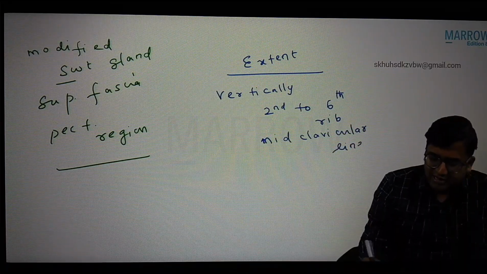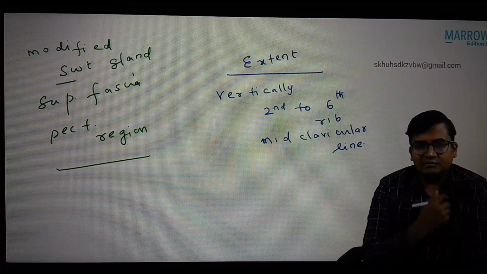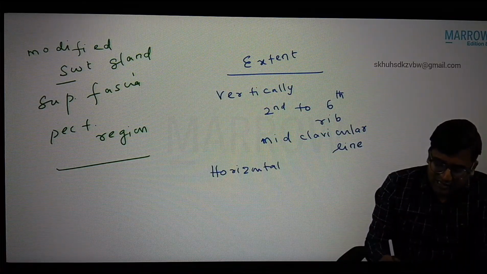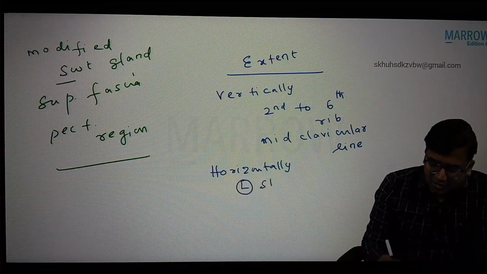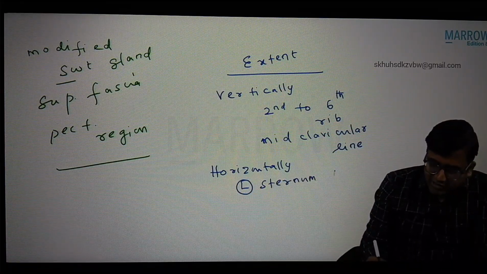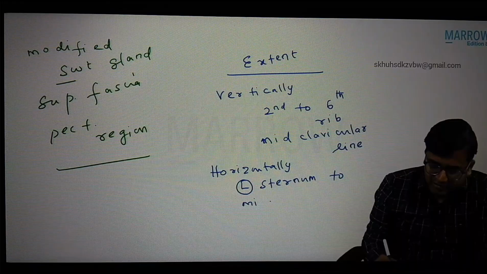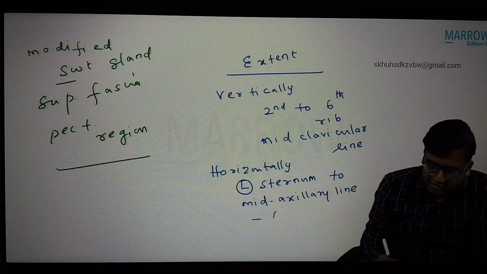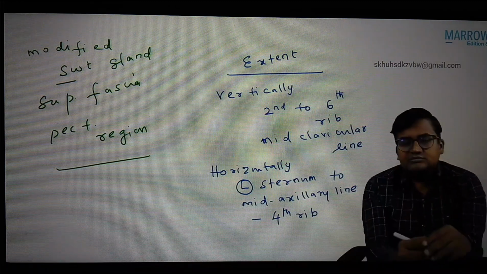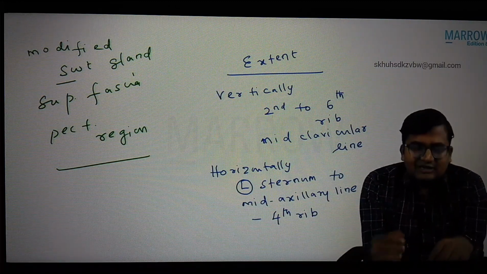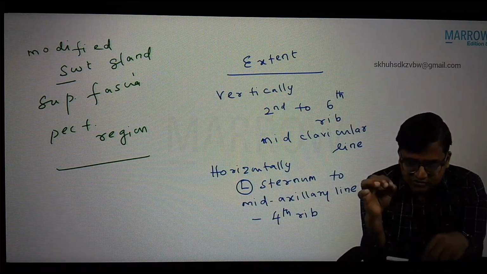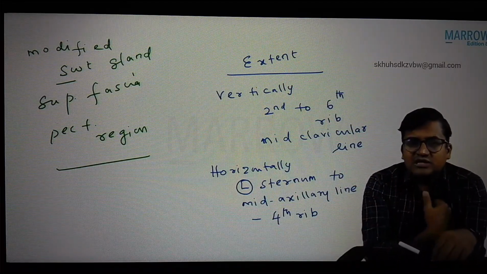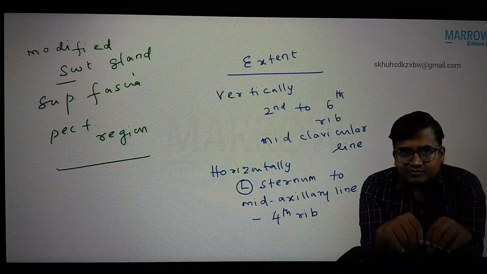Horizontally, it extends from the lateral border of the sternum to the mid-axillary line, along the fourth rib. So the vertical extension is from the second to the sixth rib in the midclavicular line, and the horizontal extension is from the lateral border of the sternum to the mid-axillary line.